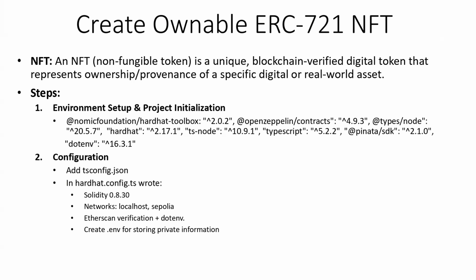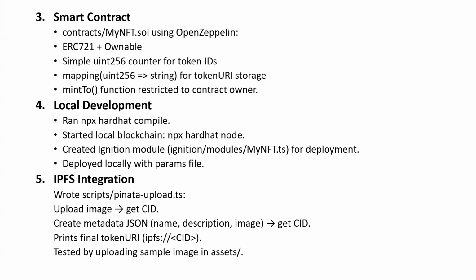your own NFT. In the third step, we will create a smart contract. I will name it my NFT.sol using OpenZeppelin. It will be inherited from the ERC-721 standard token that is basically ownable. It will have a simple private counter to keep track of the token IDs.